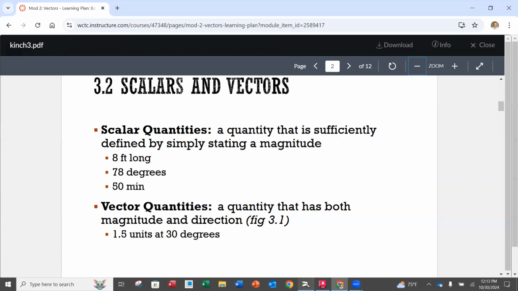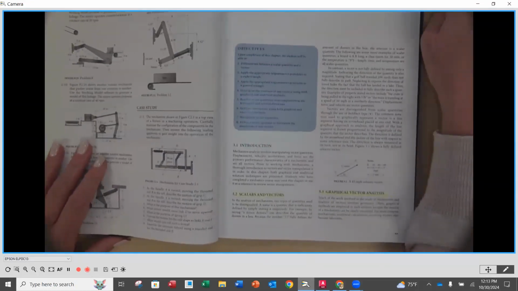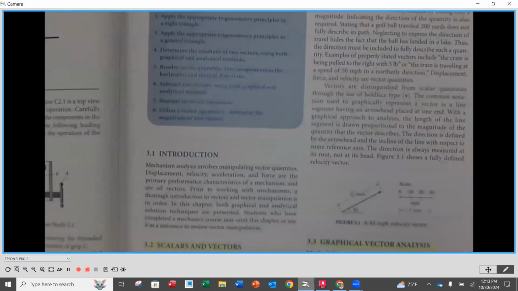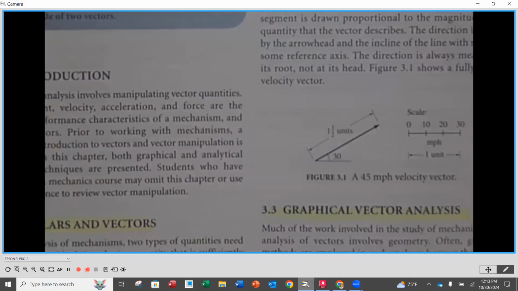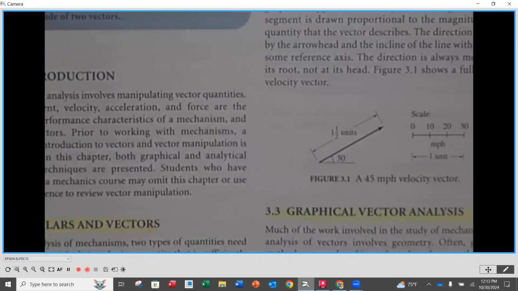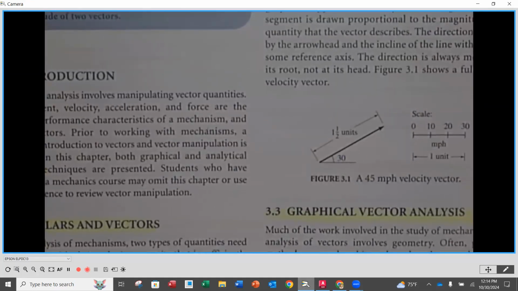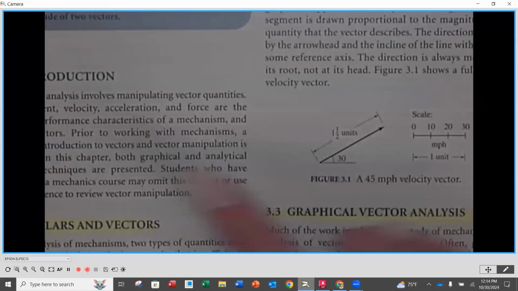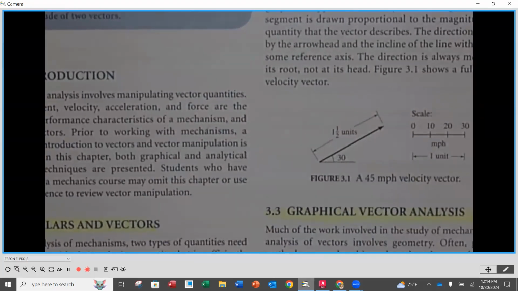Okay. Now, when we identify a vector quantity, we show it a little bit differently, and it's an important distinction. So first of all, in figure 3.1 on page 43, you're going to notice that we have an example of a vector. A vector, as we know, is going to have both magnitude and direction. So right here, the magnitude is how long that vector is.